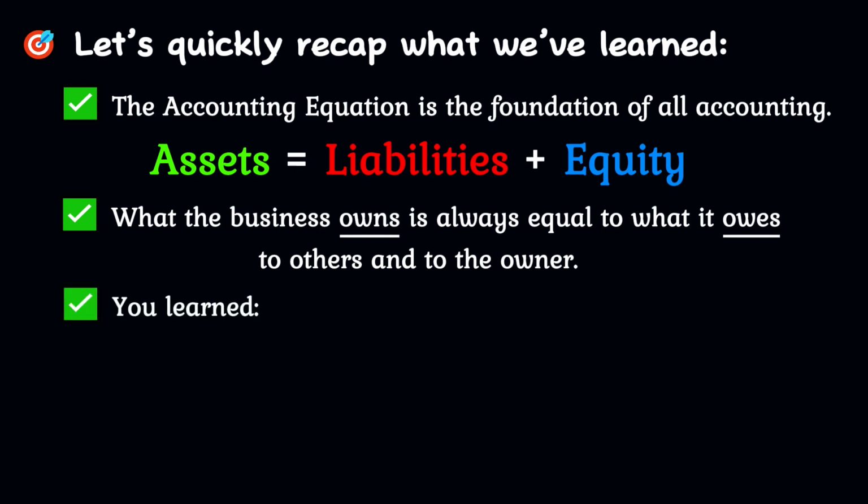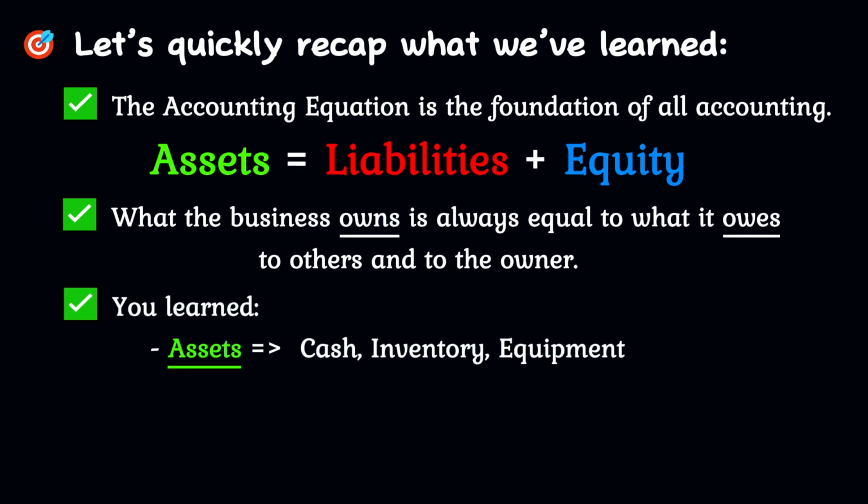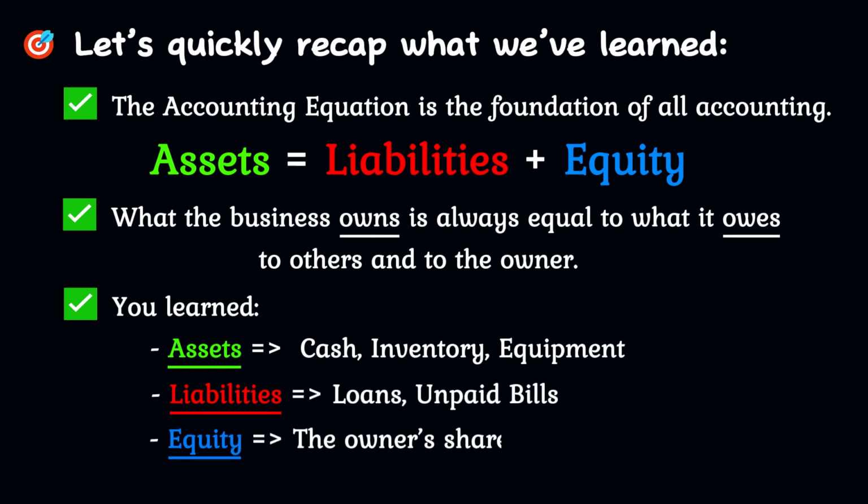You learned what assets are, like cash, inventory, and equipment, what liabilities are, like loans and unpaid bills, what equity means, the owner's share in the business, and how every business transaction keeps this equation in balance. Without understanding this equation, it's almost impossible to fully grasp journal entries, balance sheets, or financial reports later. So this equation is not just important, it's essential.